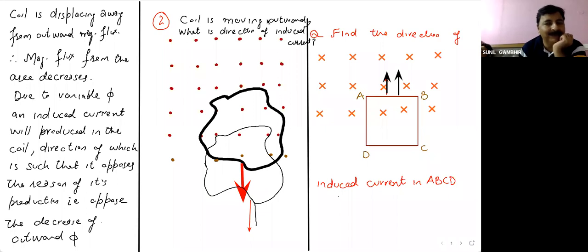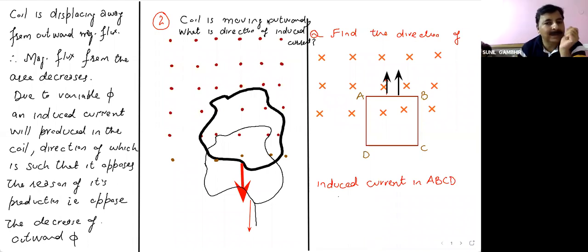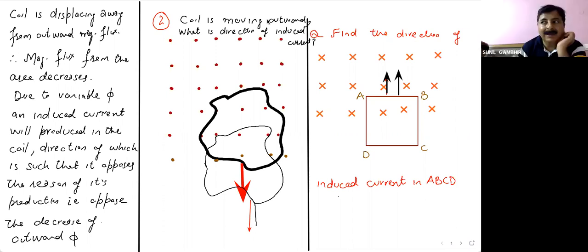If the flux is outward, then the current will be anti-clockwise. Because of the anti-clockwise current, the magnetic flux will be outward. That outward magnetic flux is opposing the given inward magnetic flux. Simple and straight.